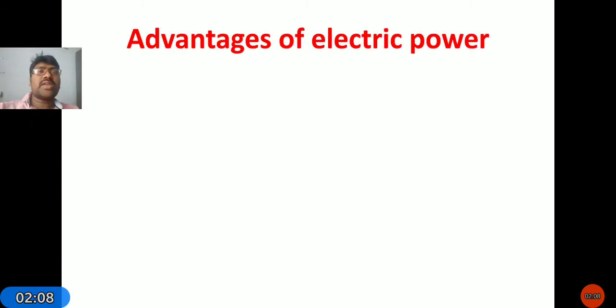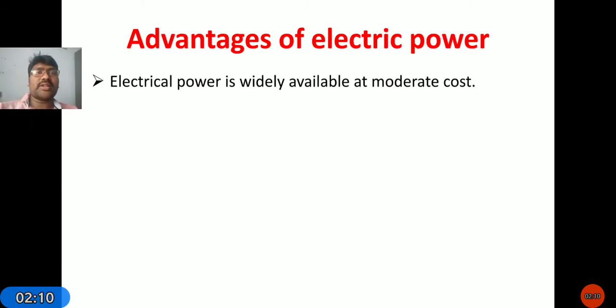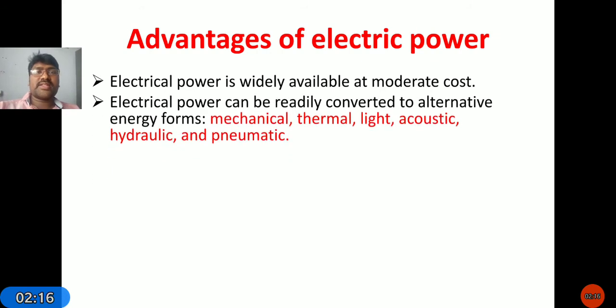Next, coming to the advantages of electrical power: it is widely available at moderate cost. Electrical power can readily be converted to alternative energy forms, that is, mechanical, thermal, light, and acoustic. Hydraulic and pneumatic power can also be easily converted. So mainly we use electrical power in automation industries.